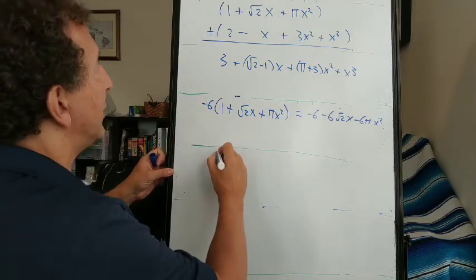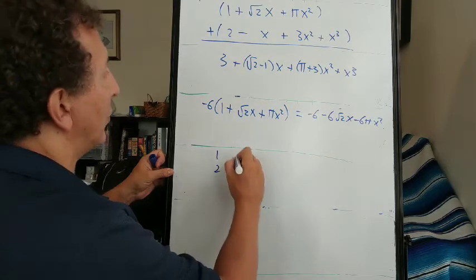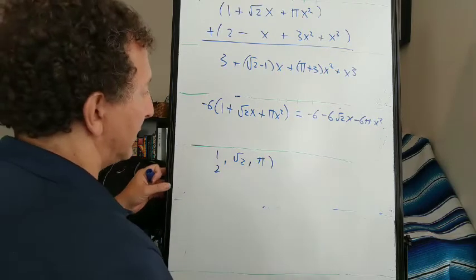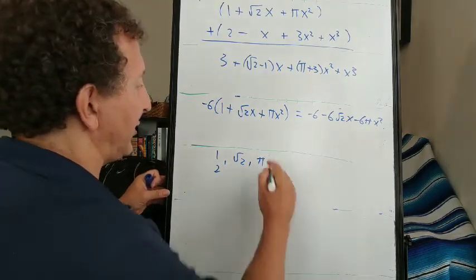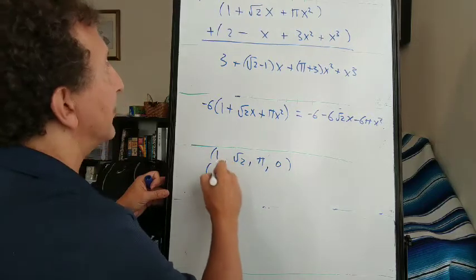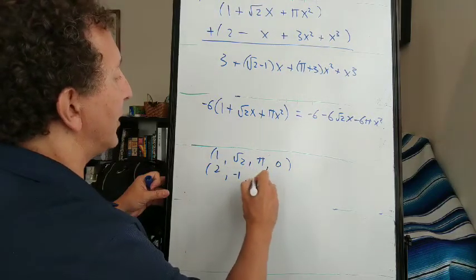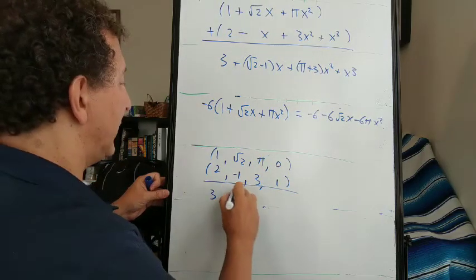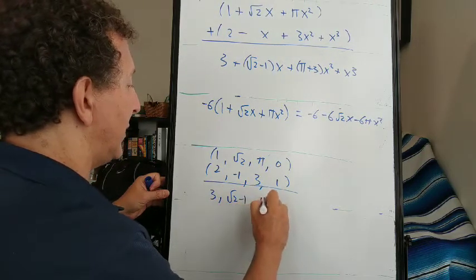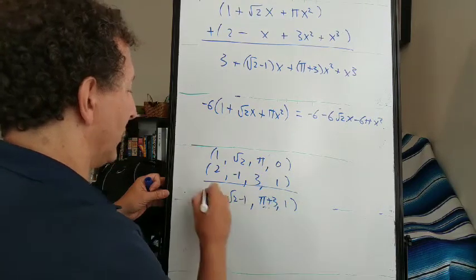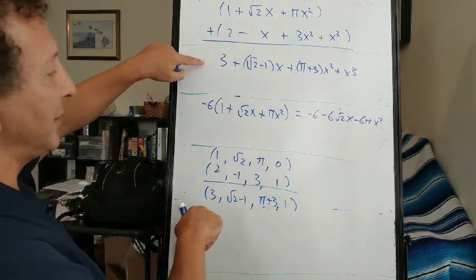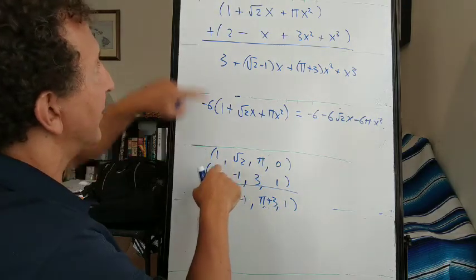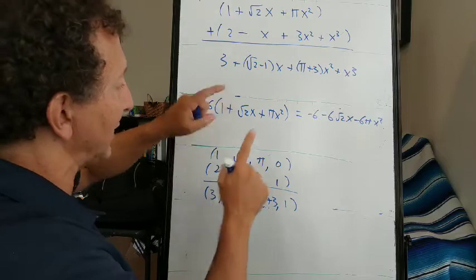We added 1, root 2, pi, and let me say comma 0, so these will have the same size, to 2, -1, 3, 1, to get 3, square root of 2 minus 1, pi plus 3, 1. So it's really the same computation here, except I didn't bother writing the plus signs, the x's, the x squareds, and the x cubeds.